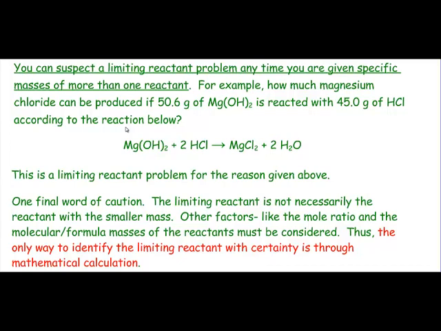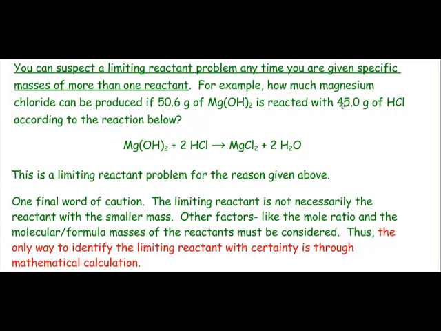I provide one final word of caution here, and this will be plainly evident when we take a look at our first sample problem. You can't simply look at the masses and determine which particular reactant is in fact limiting. We've got 50.6 grams of magnesium hydroxide and 45.0 grams of hydrogen chloride.